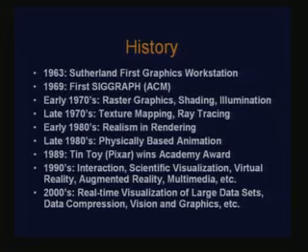That is where we started. And then the first SIGGRAPH, which is a very popular event in the computer graphics community. It is a special interest group in graphics, an ACM conference which was held first in 1969. Since then it has been held every year.